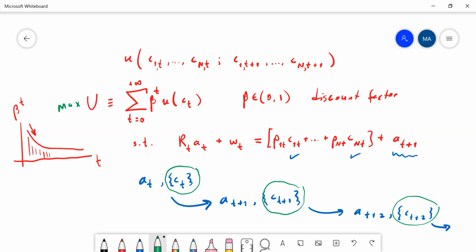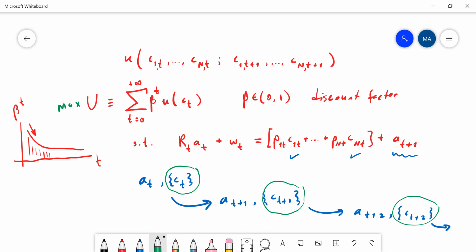So there is, of course, a particular way of doing that. You can use Lagrange, you can use other more advanced methods, but it can be done, and eventually you can understand how you should choose your consumption and savings.